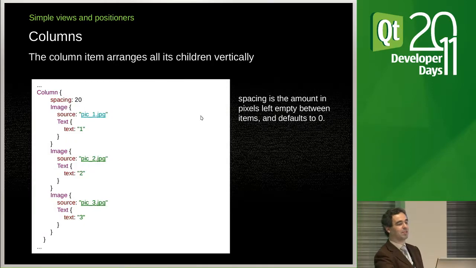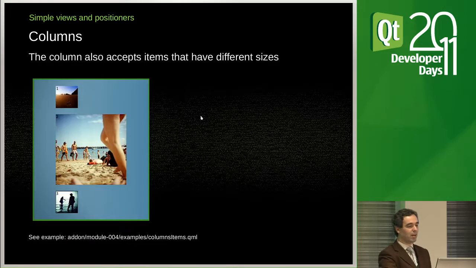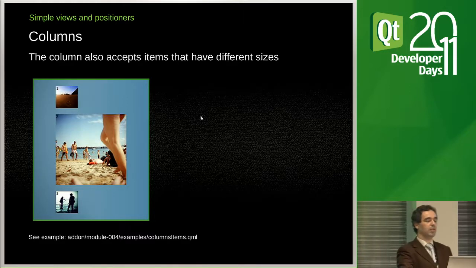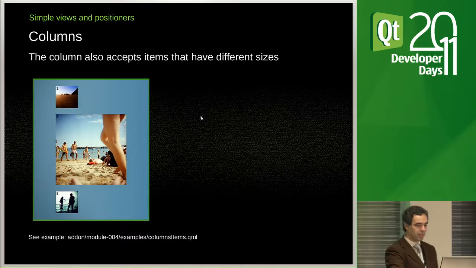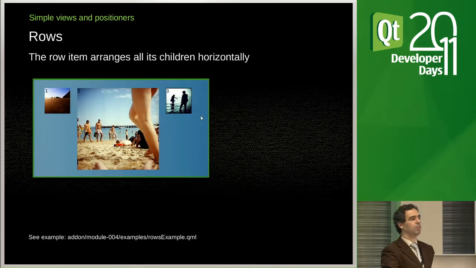So, for example, this is a very simple example. A column with a spacing of 20 would result in something like this. And it does a little bit of magic that you could do with anchors, but here it magically does. And for example, if one of the elements is bigger, it still spaces them with the distance of 20 pixels. And you can also do the same thing with rows.